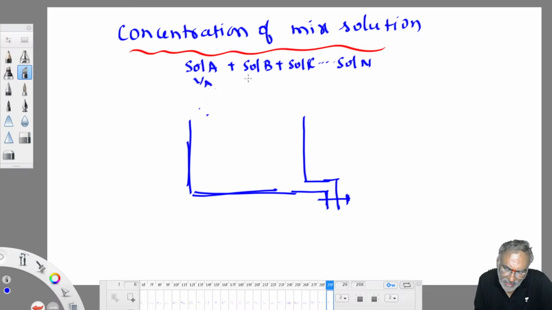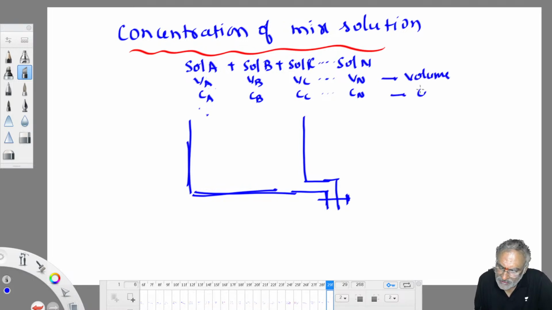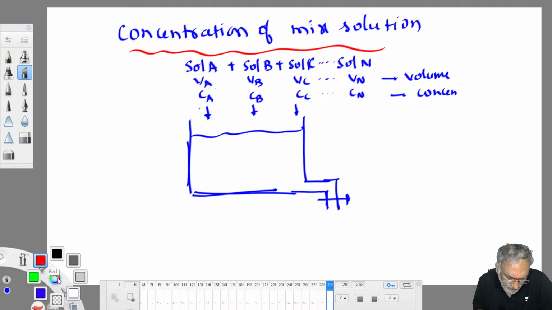Their volumes are VA, VB, VC, VN, and concentrations are CA, CB, CC, CN. They are all added into this container, and after thorough mixing, what is the concentration of the mix?